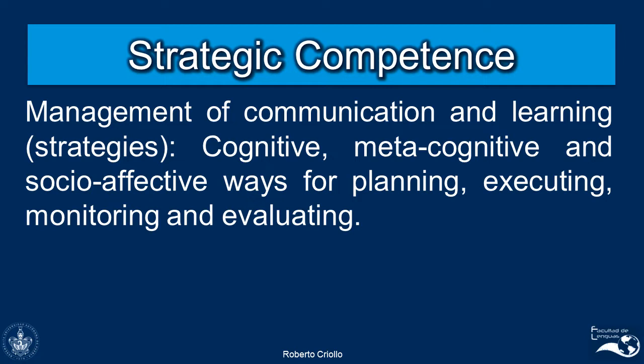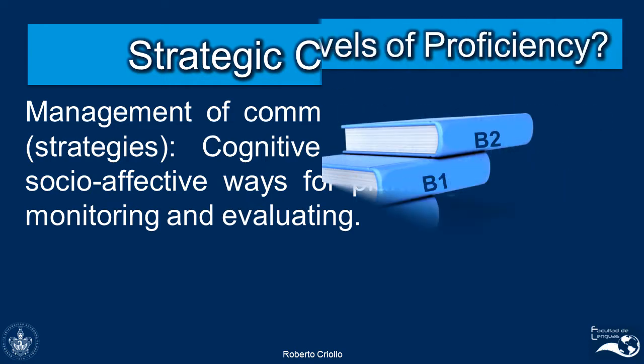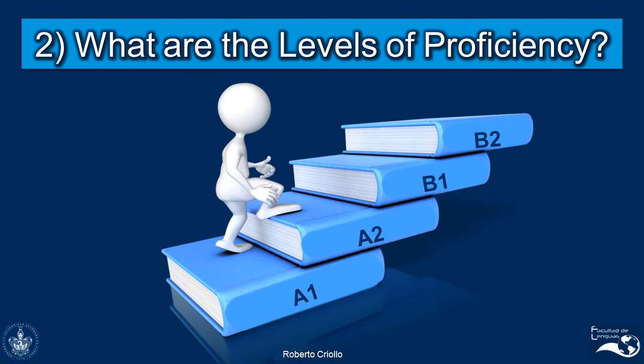We're constantly planning, we're constantly arranging, we're constantly monitoring, and we're constantly evaluating what we say to other people and what other people say to us. So, all of the previous competencies are the ones that are going to be evaluated in a proficiency test.